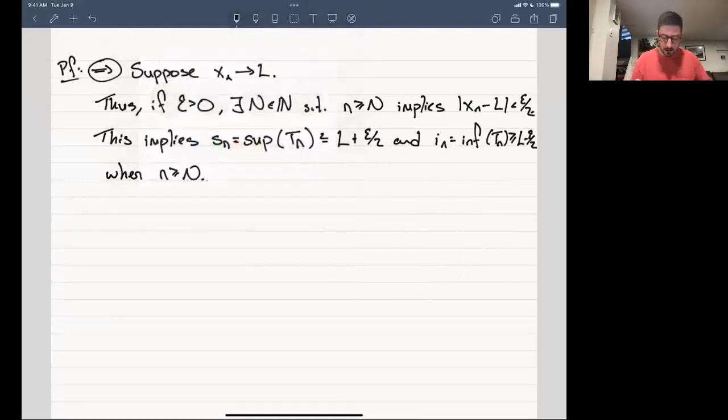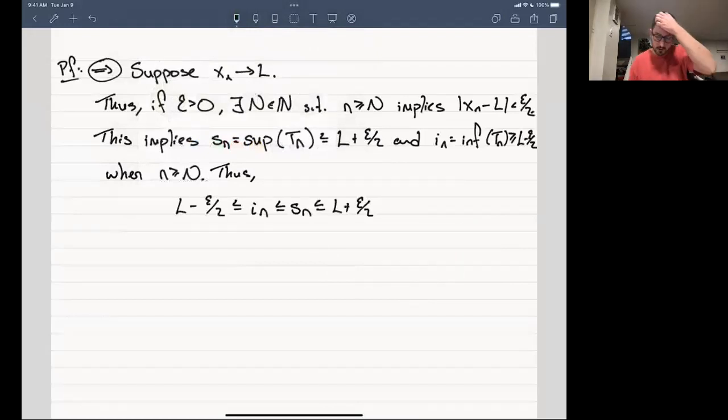Now, let's unpack this a little bit. So from what I said, thus, L minus epsilon over 2 is less than or equal to In, which by definition is less than or equal to Sn, which is less than or equal to L plus epsilon over 2. So I'm just collecting the information that I know. But then, let's unpack this. L minus epsilon over 2 less than or equal to In less than or equal to L plus epsilon over 2.